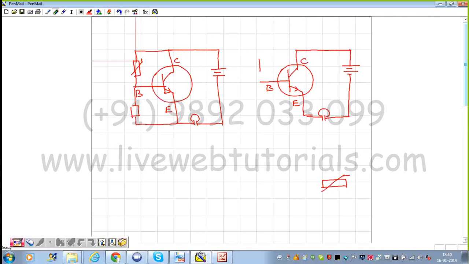Here also I'm going to put the thermistor. It doesn't matter whether you draw it this way or this way, it's both the same. And of course a resistance will be there. Now there is no difference between both of these circuits. I'll call this circuit number 1 and this circuit number 2.